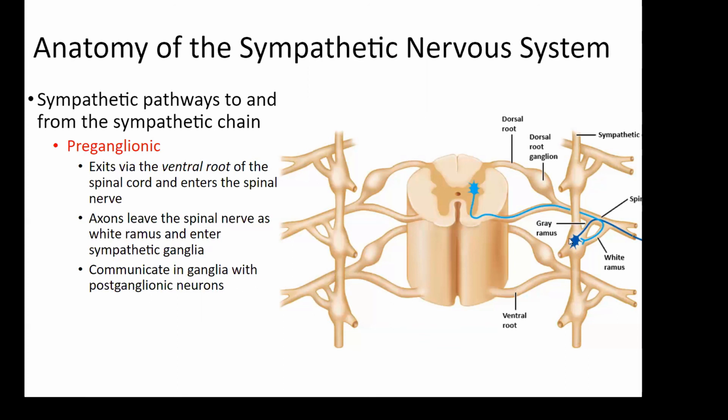And then we see that that postganglionic neuron is jumping back onto the spinal nerve through the gray ramus. So we're thinking unmyelinated gray, right? White matter, myelin, gray matter, no myelin. So gray ramus and our postganglionic neuron is going out to our effector organ. So we can see how they're jumping on and off that spinal nerve in order to do this synapse in the sympathetic chain.